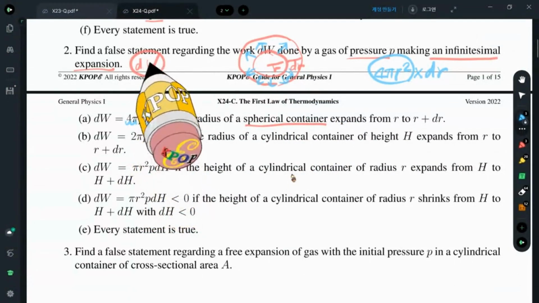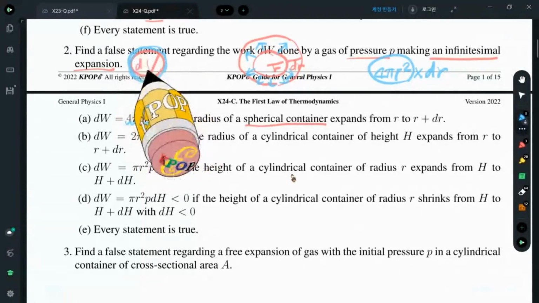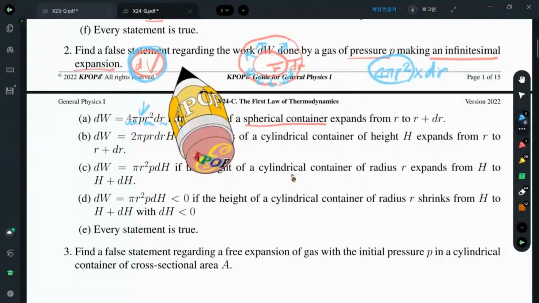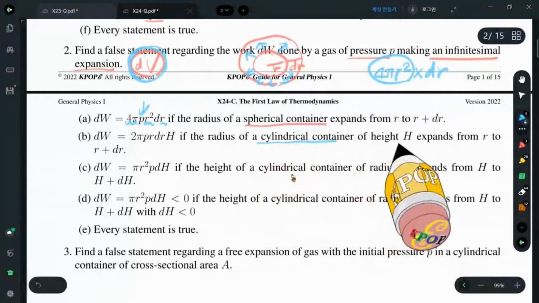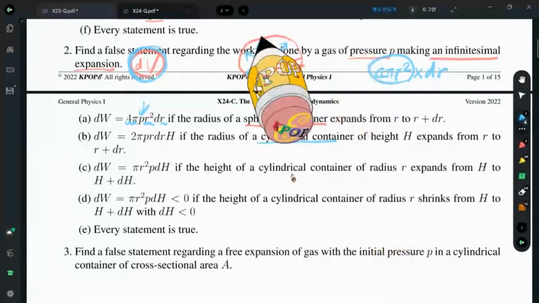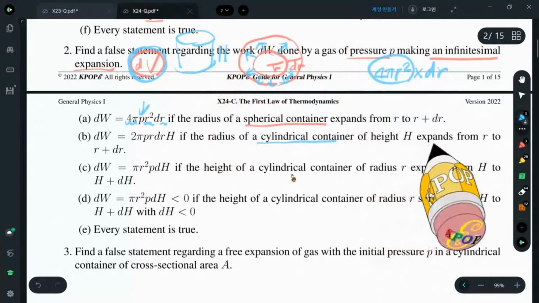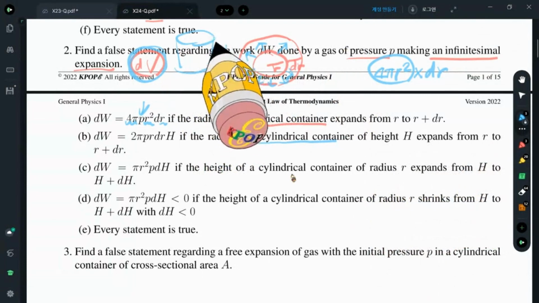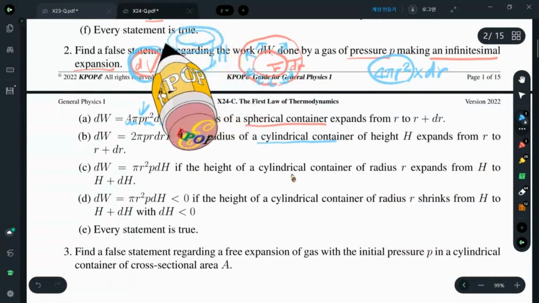So this is a question asking you to express dV in terms of the specific variable. Take a cylindrical container of height h that expands from r to r plus dr. Here the height is kept and the radius changes.